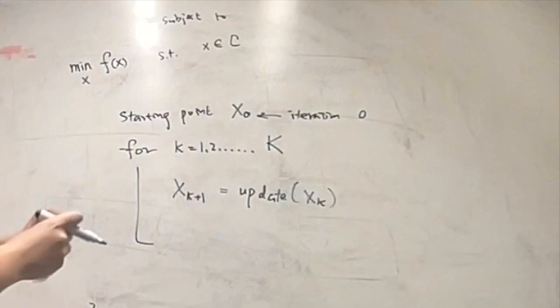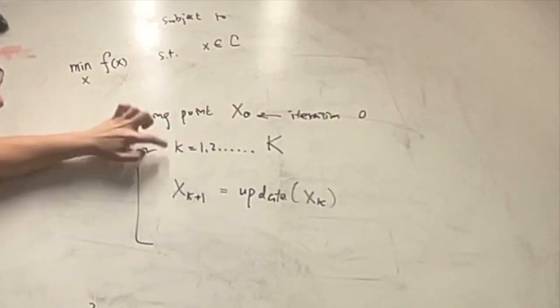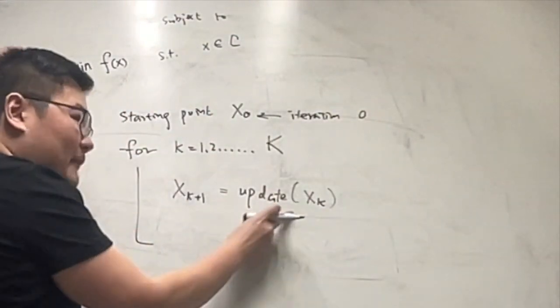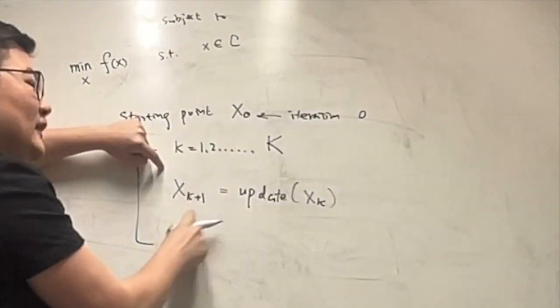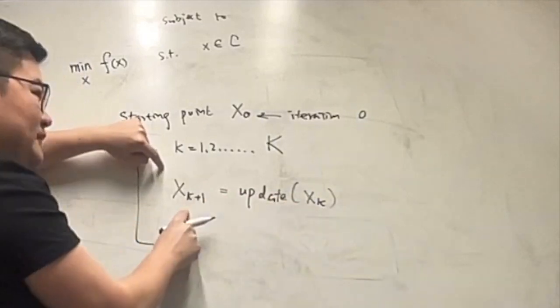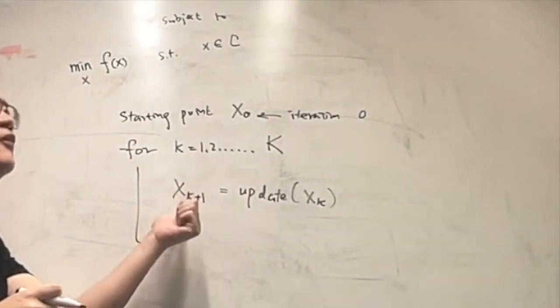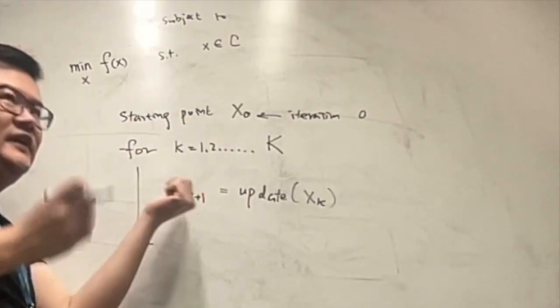So what is this? This means starting from x0, at step 1, you do the update, it gives you x1. Then you do update on x1, it gives you x2. And then you do update on x2, it gives you x3, and so on. So you use the old one to get a new one. That is, this plus 1 basically means you get a new one.